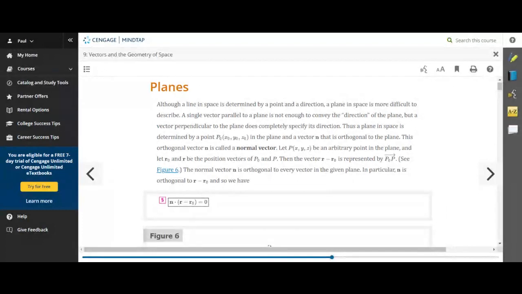The word planes? Excellent. Okay, so lines and planes, planes and lines. Let's talk about planes a little bit.